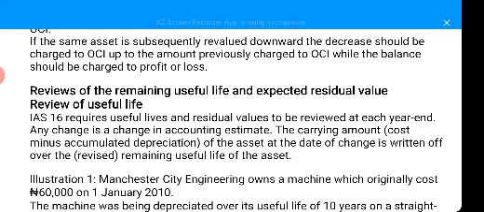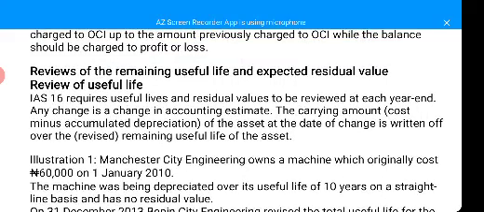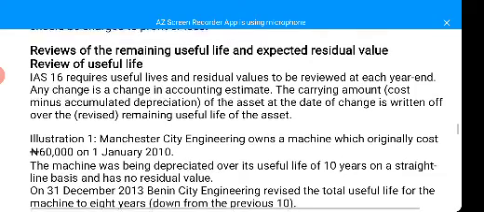Now let's look at reviews of the remaining useful life and expected residual value. You might review the remaining useful life of an asset. That means the useful life of an asset is 10 years or 5 years, and after some time, based on the current trend or the legislation of the country, you review it to, let me say, 3 years or 2 years.